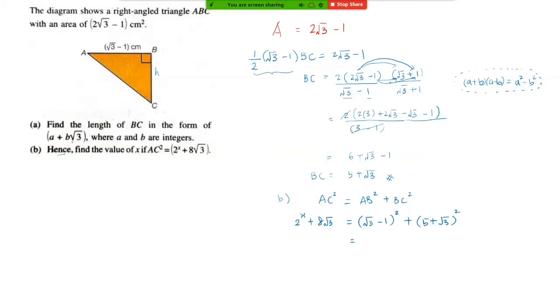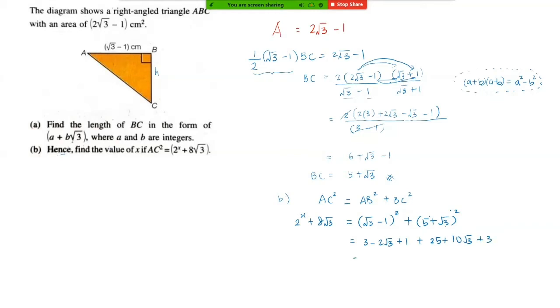All right, we will have the first a squared, that will be 3, minus 2ab, so we will have 2√3, and then the b squared will have plus 1. And as for the second factor, we have a squared, which is 5 squared, 25, plus 2 times 5 times √3, we have 10√3. And then the square of the second term, that is 3.